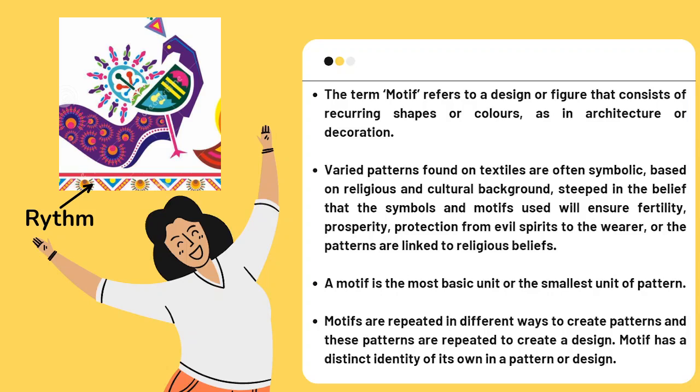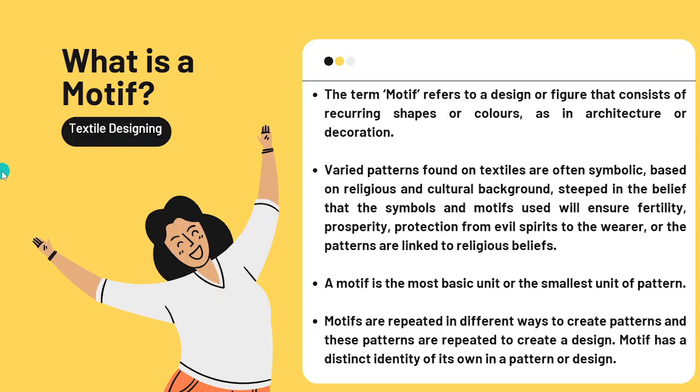Similarly, you're going to use these art elements and apply the principles of design to create a motif. There are four basic types of motifs: natural motifs, abstract motifs, geometric motifs, and stylized motifs. I'm going to describe in detail what each type of motif is and how the motif design is developed using a theme or an inspiration in the upcoming lessons.